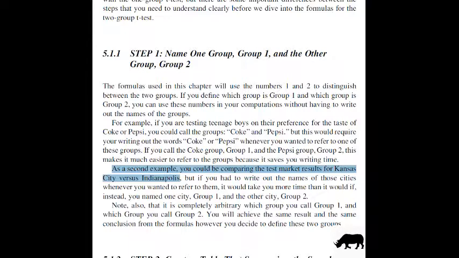Note also that it is completely arbitrary which group you call Group 1, and which group you call Group 2. You will achieve the same result and the same conclusion from the formulas however you decide to define these 2 groups.